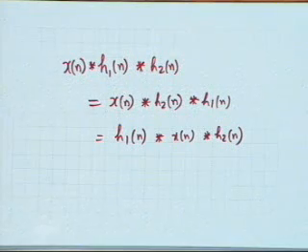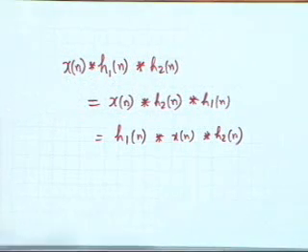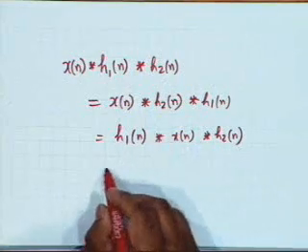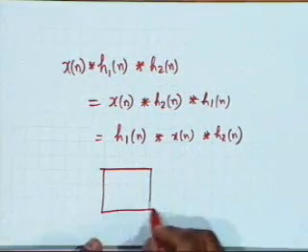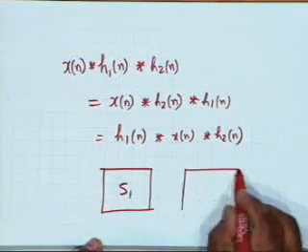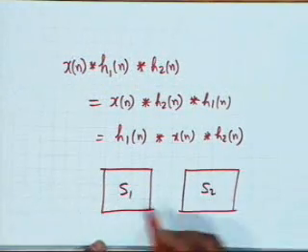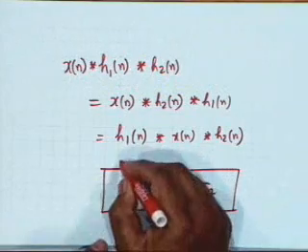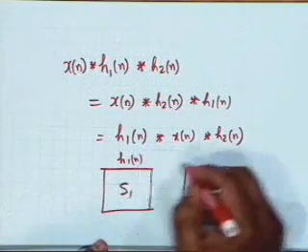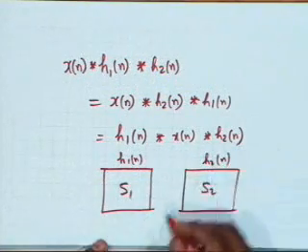What does it mean? It means a very simple thing in terms of linear time invariant systems. Suppose I have 2 systems, S1 and S2, whose unit impulse responses are h1 of n and h2 of n.